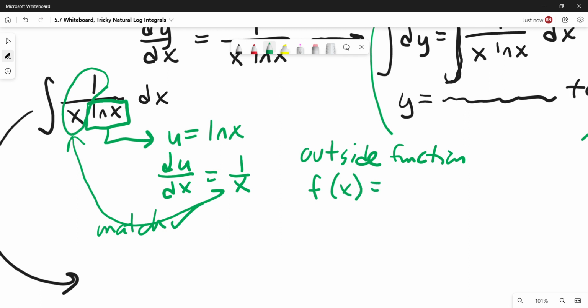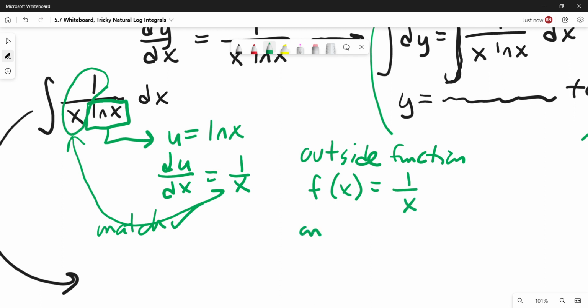f of x. So what's being done to the ln x? It's 1 over that thing, right? If our ln x is our blop, what's being done to the blop is 1 over blop. So 1 over that thing, right?